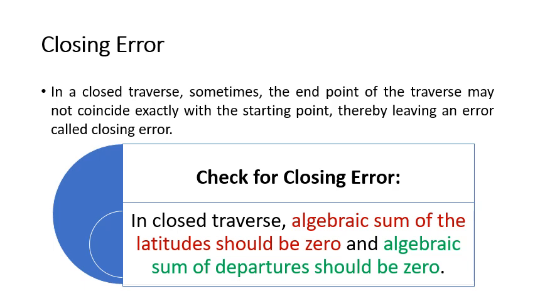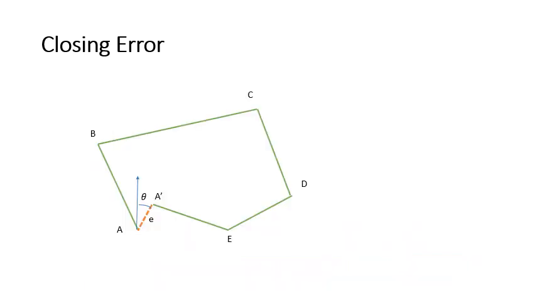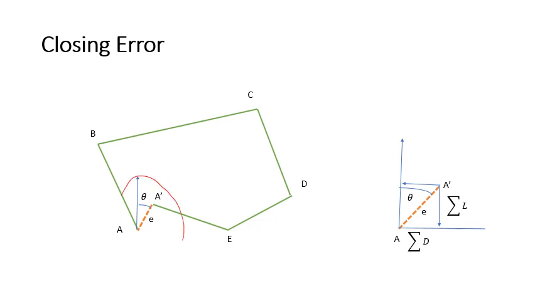Instead, if you are getting some value, say some delta error, then we have to make corrections for that. So here you can see the closing error. I have shown another picture over here. This portion is enlarged and shown over here. This is our error line. Its length is E, its direction is theta.